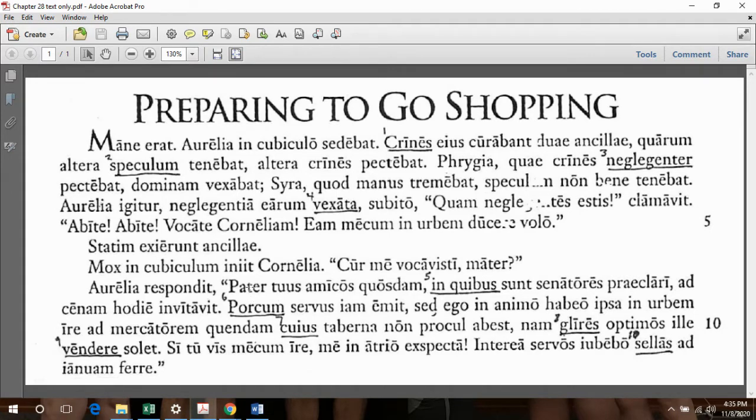Pater tuus, your father, and then we have to go find the verb. And I'm going to skip from in quibus down to praeclari. That's its own clause. And so I keep going, and it's there, invitavit. So your father, hodie invitavit, today, has invited amicos quosdam. Now, pay attention to quosdam.